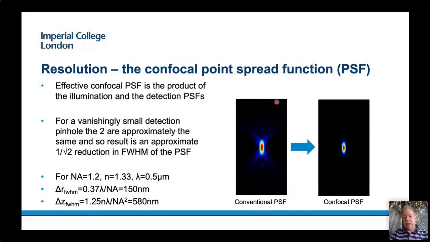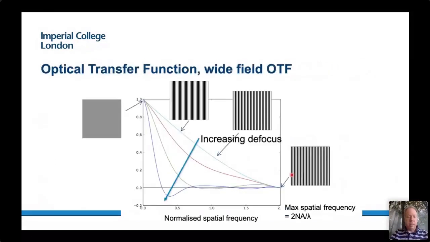In the conventional PSF, if we look at any whole plane out of focus, we'll find there's exactly the same amount of light, because we've done nothing to reduce the signal there. Whereas in confocal, we've blocked that light because of our detection pinhole.